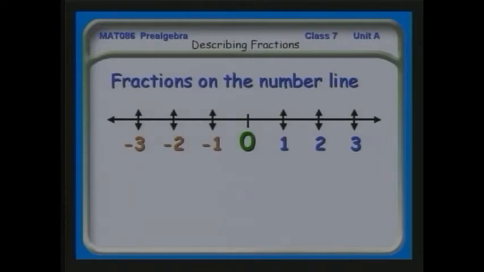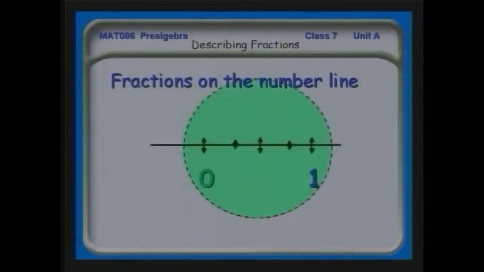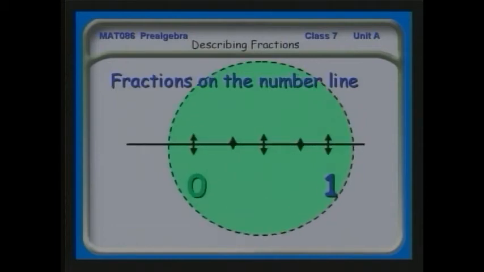Let's look at how we would put fractions, numbers less than 1, on the number line. What we're really asking about is what fits in here. Let's blow that up. There is 0 on one side, 1 on the other. What can we put in between?